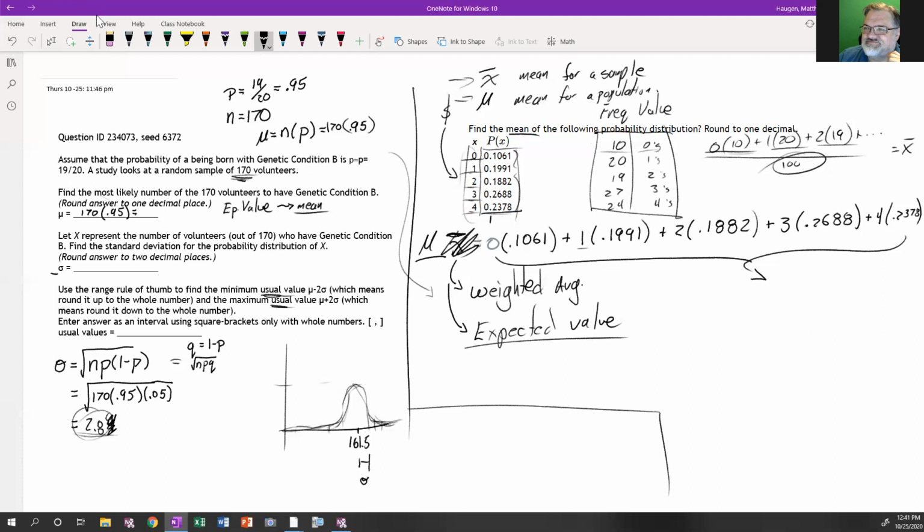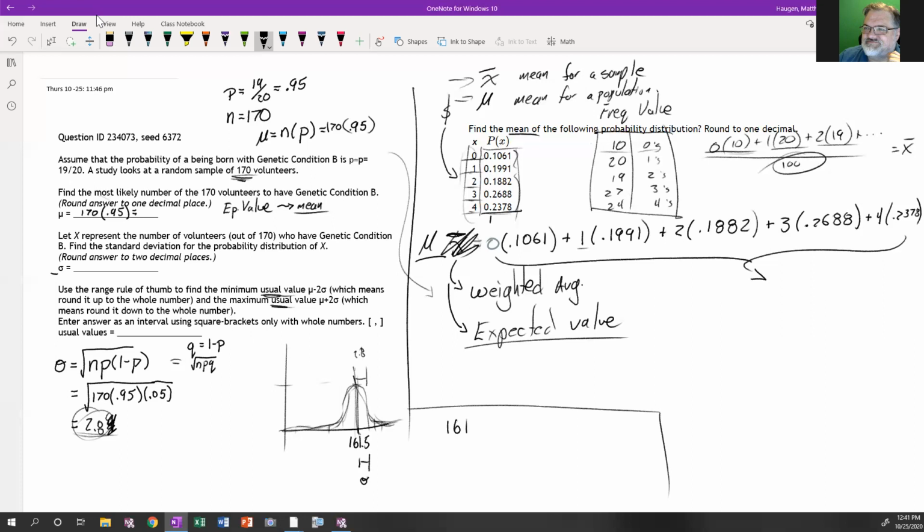So this 2.8 gives us what that spread should be. Our mean average was 161.5 with a standard deviation of 2.8. So typically we'd be within 2.8 people of that 161.5. It would be unusual to be outside of 2 of those standard deviations.